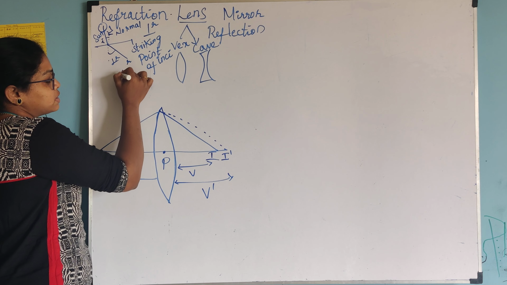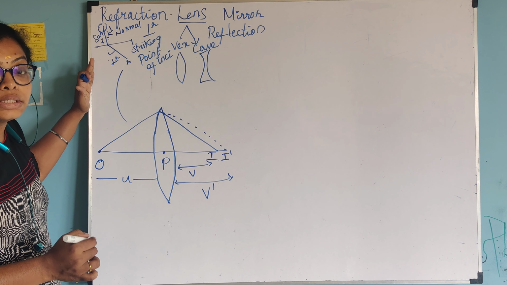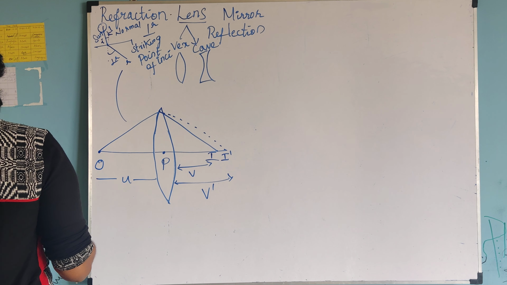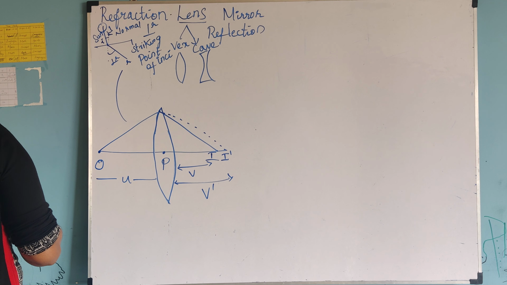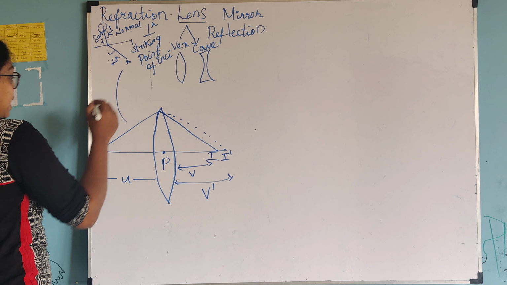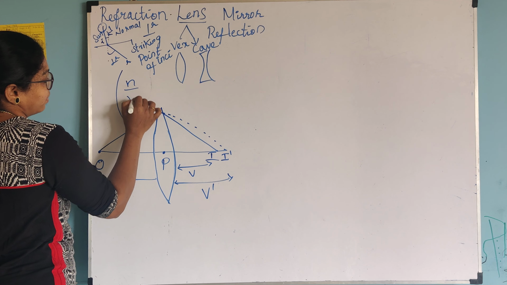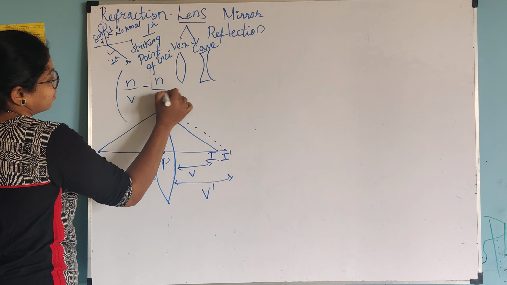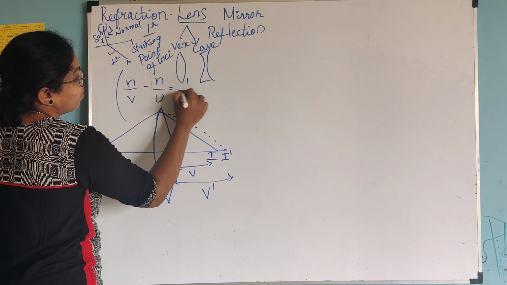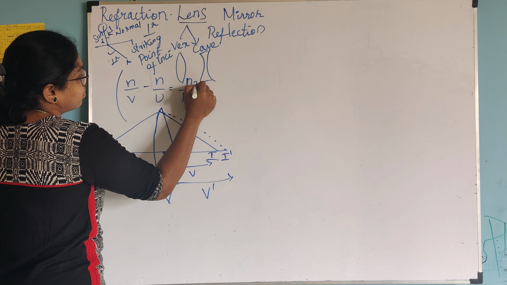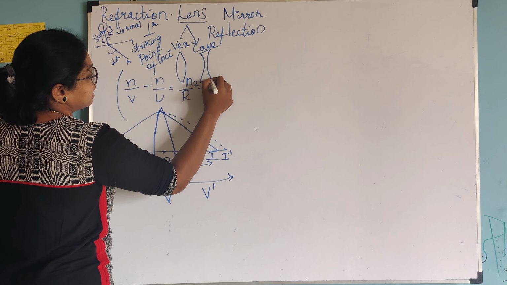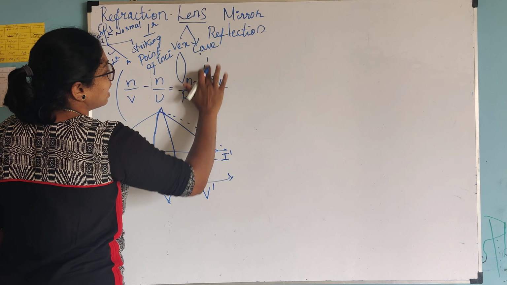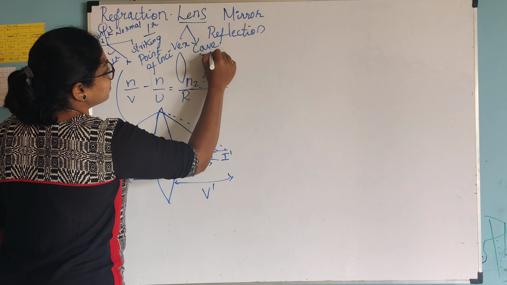With the help of this single spherical surface, we have derived a final formula: n2 by v minus n1 by u equals n2 minus n1 divided by R. This is the final formula which we have derived.